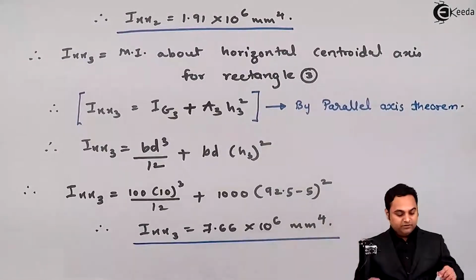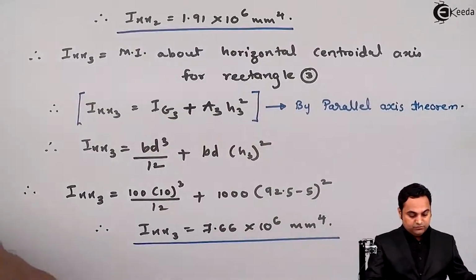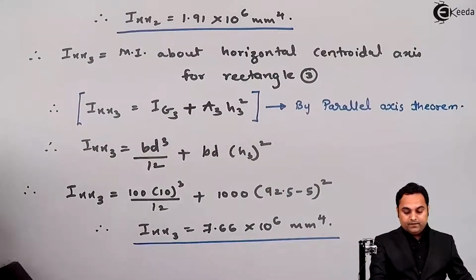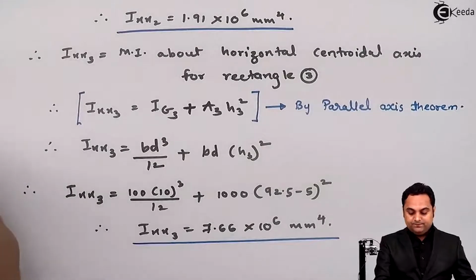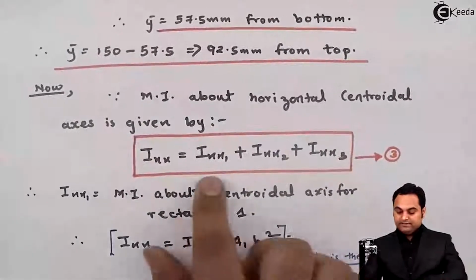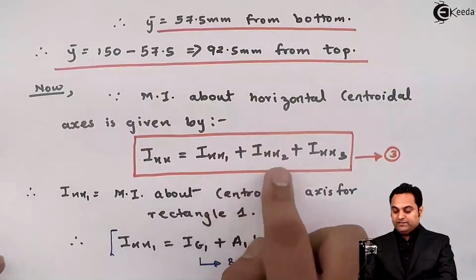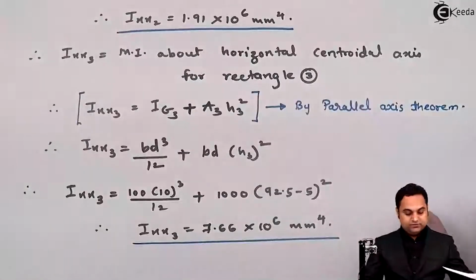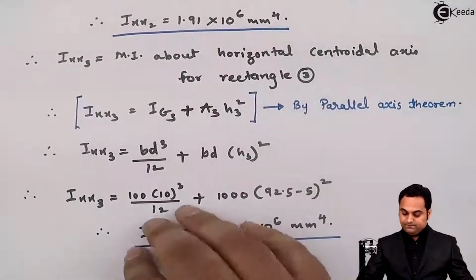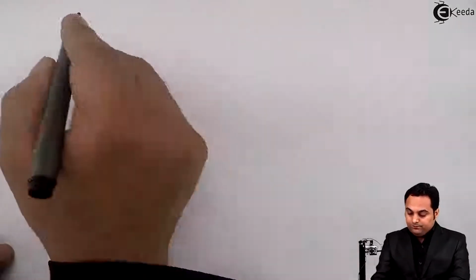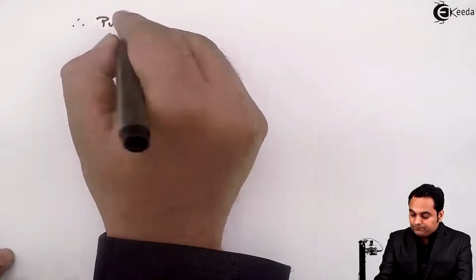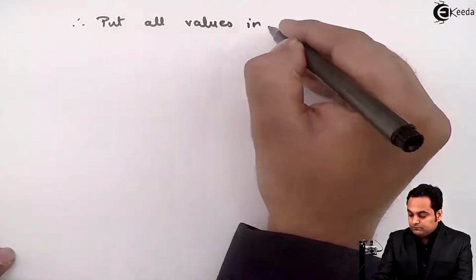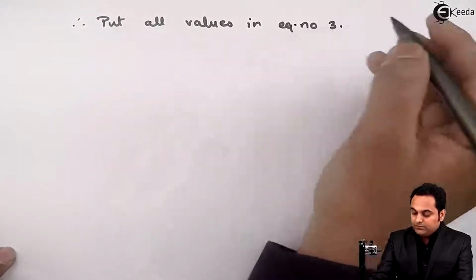So after finding all these three values, we can put them in equation number 3 to get Ixx, because we know Ixx1, Ixx2, Ixx3. So after this, I'll put all values in equation number 3.